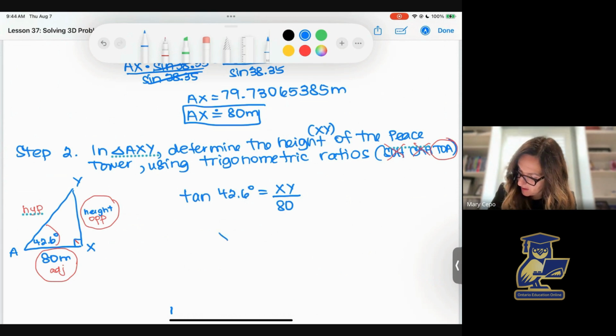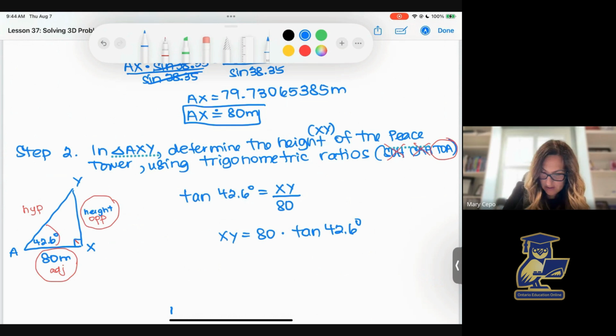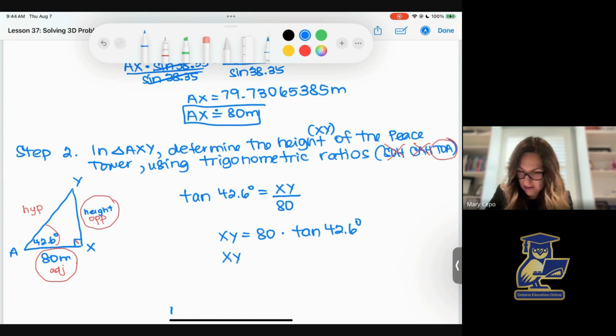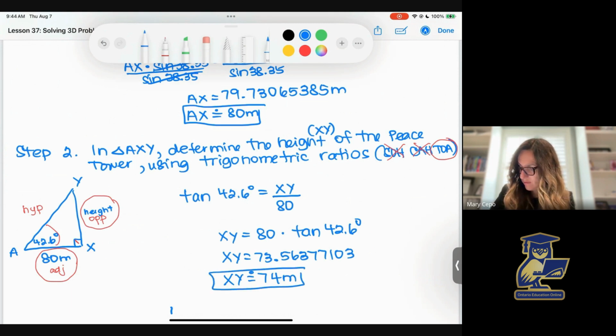So cross multiplying, XY is going to equal 80 times tan of 42.6 degrees. So 80 times tan 42.6 degrees, and rounding to the nearest meter, XY is equal to 73.56377103. So rounding to the nearest meter, that would be about 74 meters.